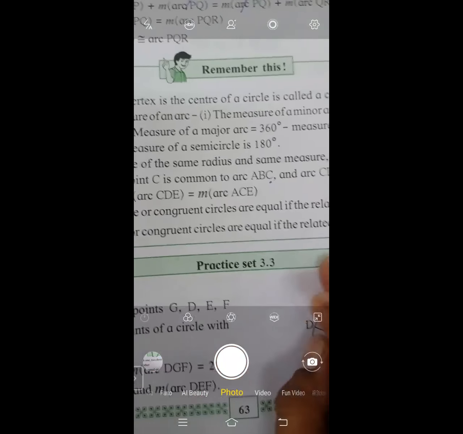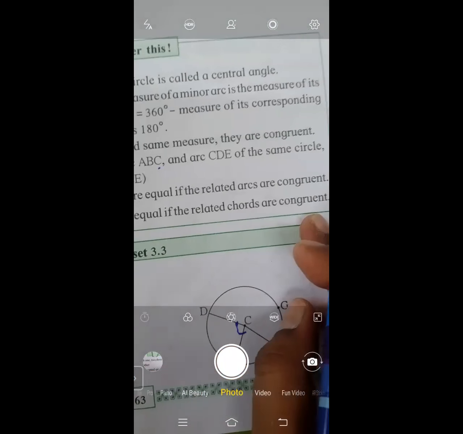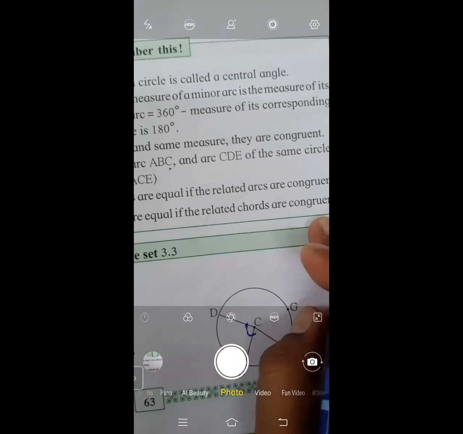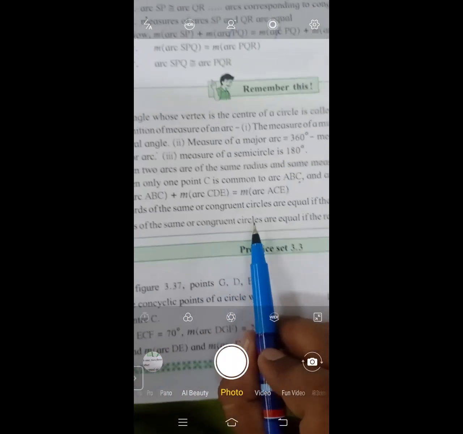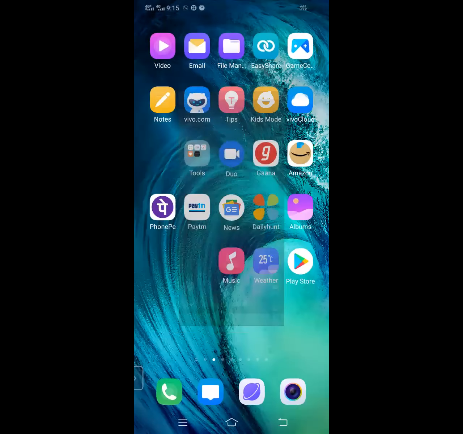Chords of the same or congruent circles are equal if the related arcs are congruent.